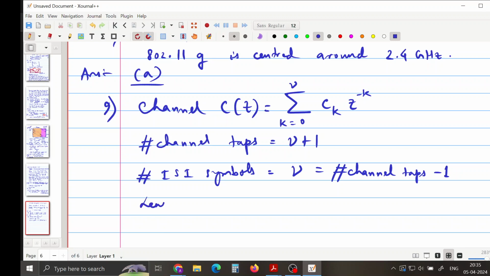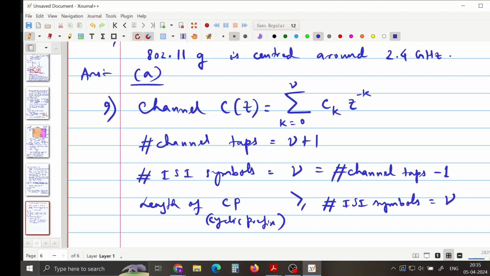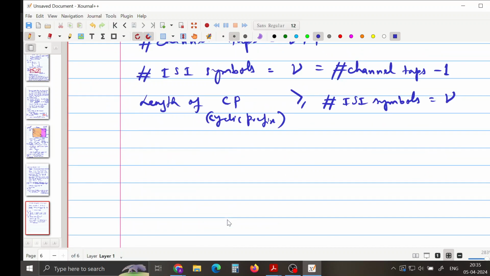And the requirement of the cyclic prefix says that the length of the CP, cyclic prefix, should be at least the number of ISI symbols, which is mu.